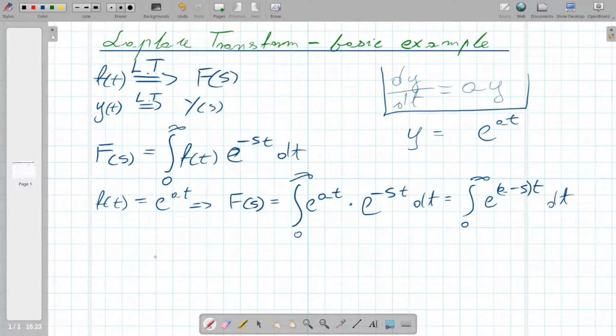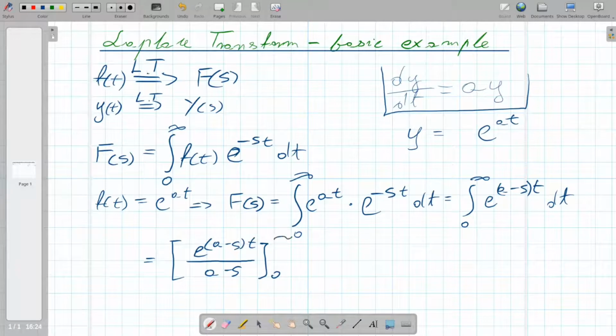And this is a really simple integration. To integrate this, we just need to divide this function by the part in the exponent. I will not explain it now, but it is really simple to check. So we have e to the (a minus s) times t, over a minus s.